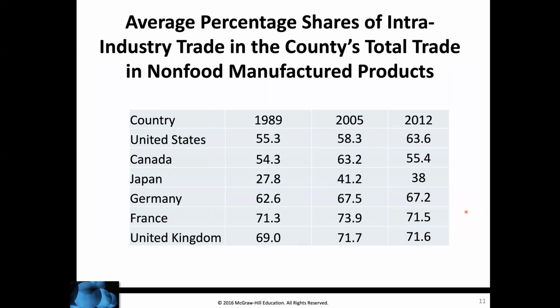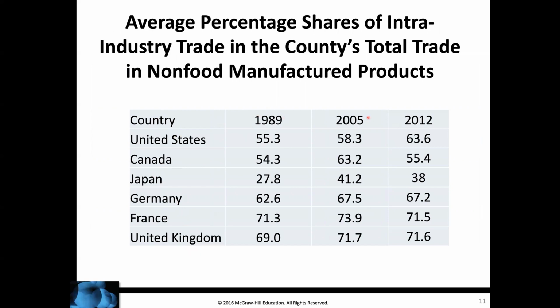Okay, so now we're going to look at the percentage share of industry trade in the country's total trade in non-food manufactured products. So we're looking at non-agriculture, non-food manufactured products. So here's the country. We've got United States, Canada, Japan, Germany, France, and United Kingdom.